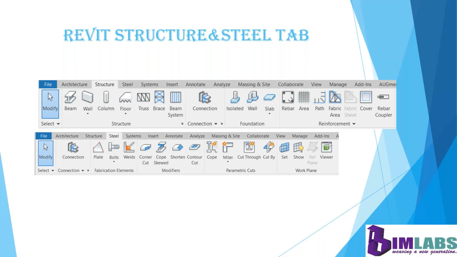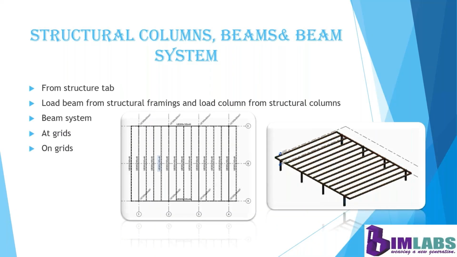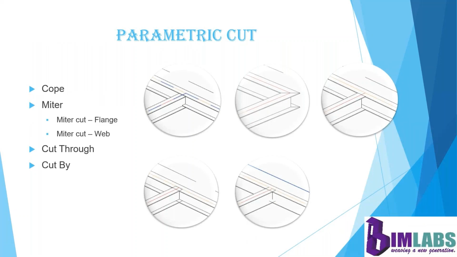So you can directly use it. This is a type of modeling in Revit Structure in steel. All these components are already available. You can just take it and model it. These are some of the junctions you can create, and these are more than enough for steel structures.